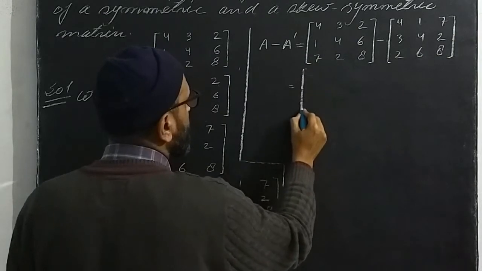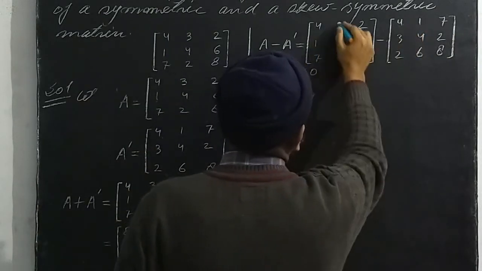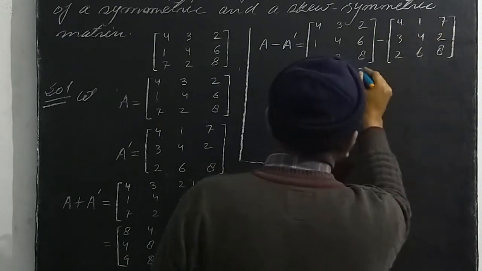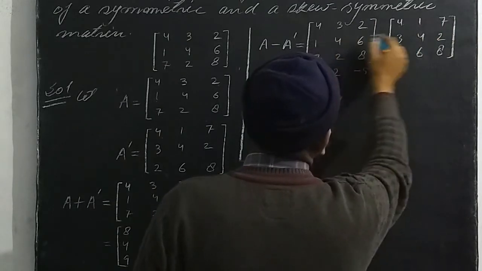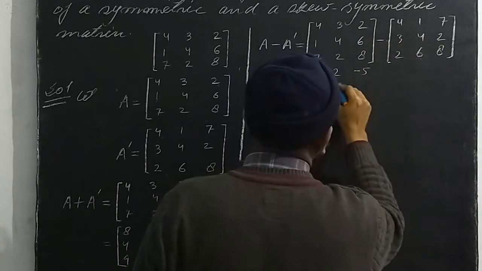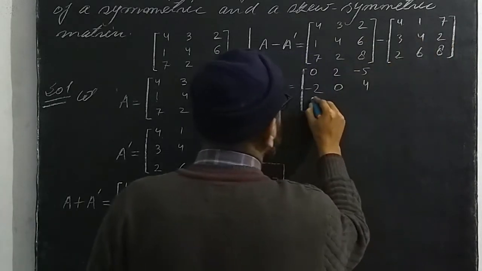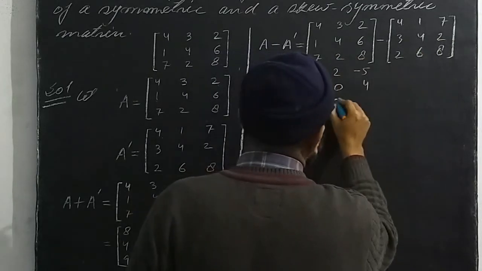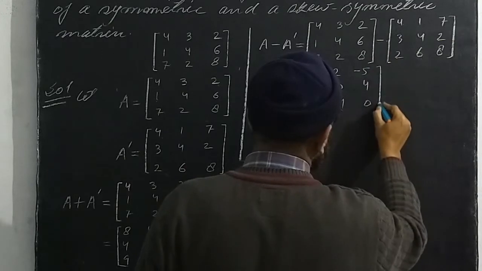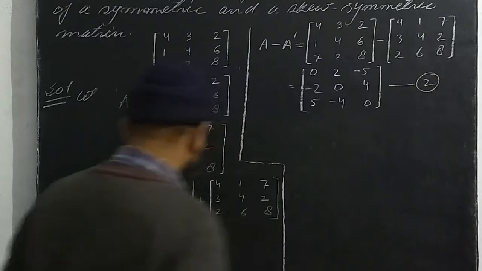Now, take the difference of the corresponding elements. 4 minus 4 is 0. 3 minus 1, 2. 2 minus 7, minus 5. 1 minus 3, minus 2. 4 minus 4, 0. 6 minus 2, 4. 7 minus 2, 5. 2 minus 6, minus 4, and 8 minus 8 is 0. Let it be equation number 2.